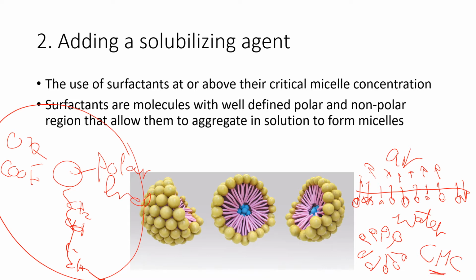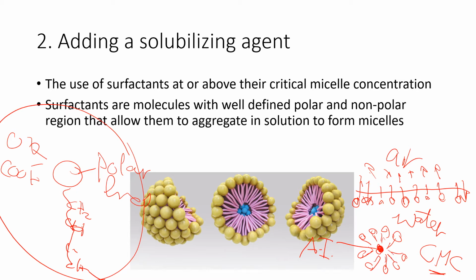If the active ingredient is lipophilic, it will escape and hide inside the micelle and dissolve in it, because the micelle itself has a very small size, and the active ingredient will disappear inside the lipophilic core, because in the core there are the lipophilic tails also. So, again, like dissolves like.